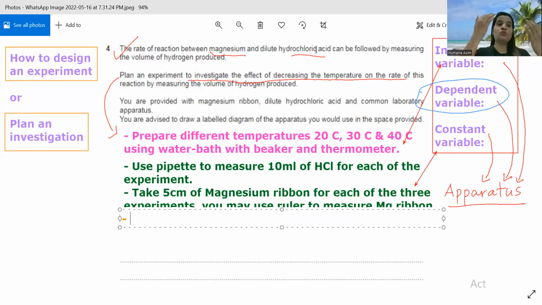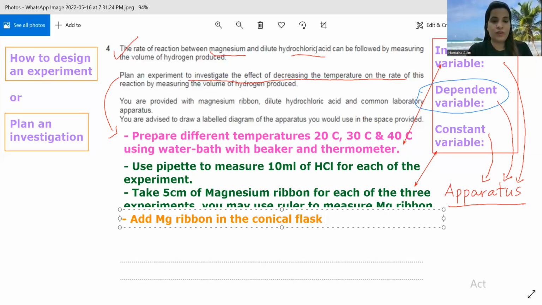Now, actually, you need to explain it, right? So what are you going to do? You are going to add magnesium ribbon in the conical flask and HCl.